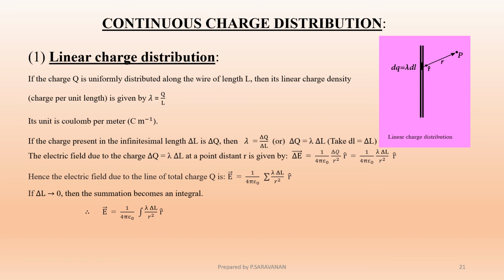Each dl element is contributing an electric field at the point P. Hence, the total electric field at the point P must be equal to the summation of all the terms from one end of the wire to the other end of the wire. If delta L tends to 0, that means infinitesimally small, then the summation becomes an integral. Therefore, the electric field E vector is equal to 1 by 4 pi epsilon naught times the integral of lambda dl by r squared times r cap.